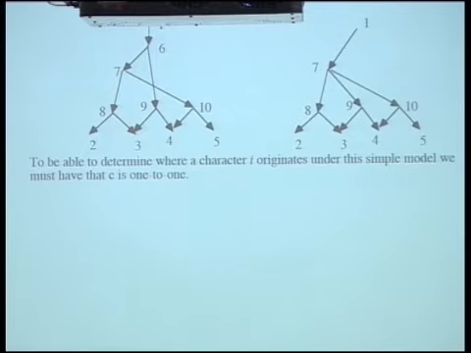Otherwise stated, if you took this network and you combined 6 and 7 into one particular vertex, you couldn't distinguish on the basis of information on X, using this model, between those 2 networks. So I would claim that the more complicated suggestion that you have isn't supported. In other words, to determine whether a character I originated under this simple model at a particular place, you must have that C is 1 to 1.